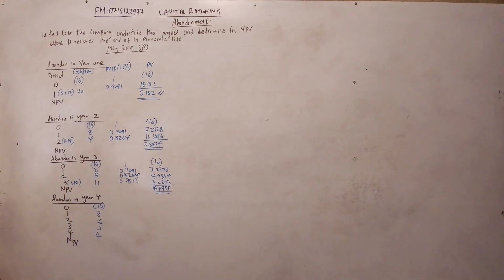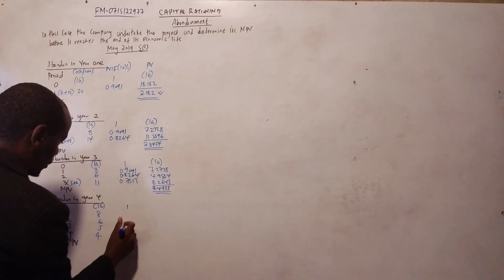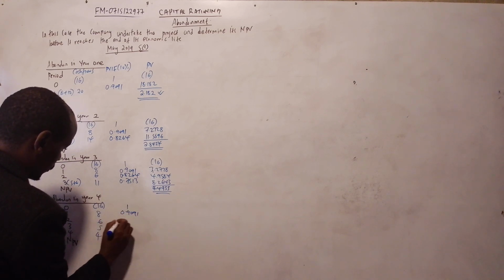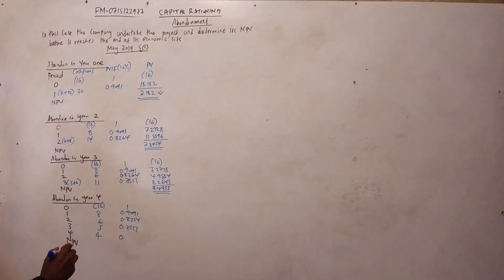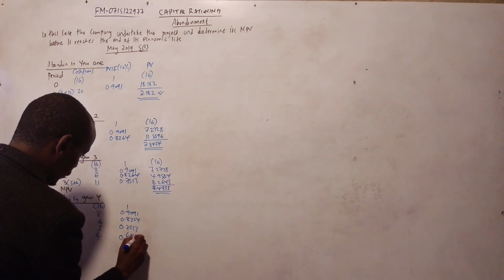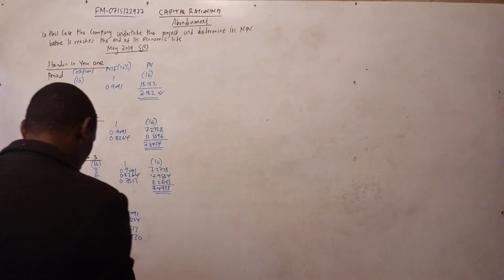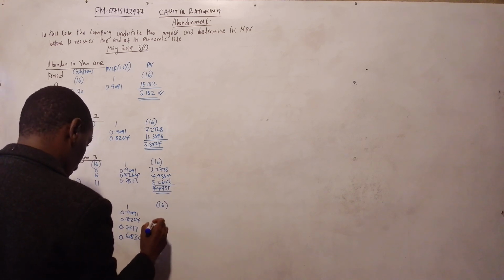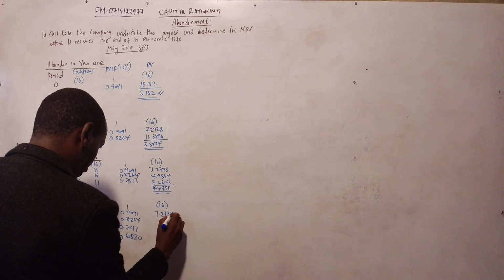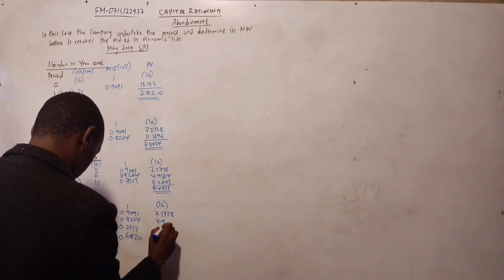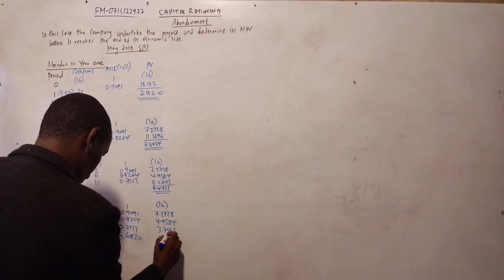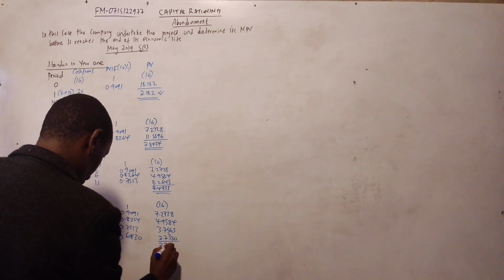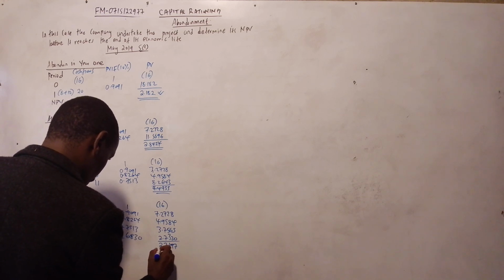So as usual the factors are 1, 0.9091, 0.8264, 0.7513, then 0.6830. So here it will be 16 minus 16, then 7.2728, 4.9584, 3.7565, 2.7320. So our NPV is 2.7197.